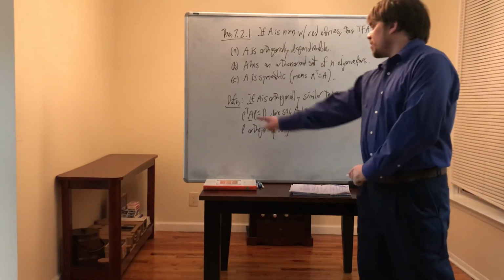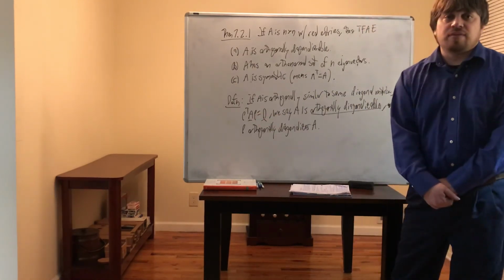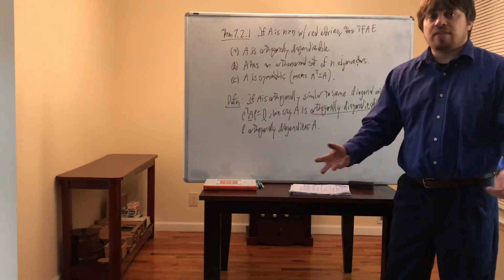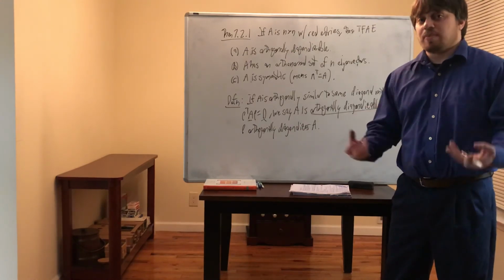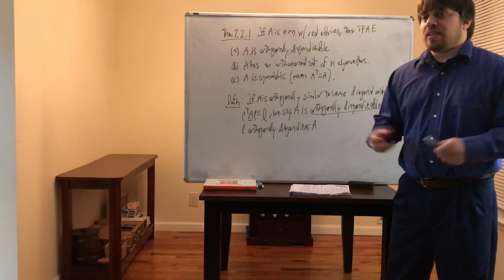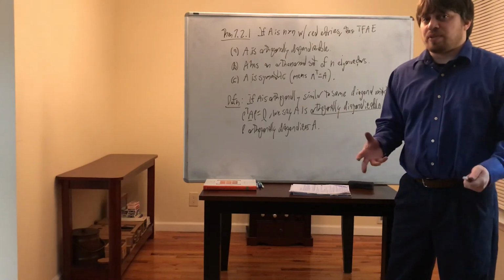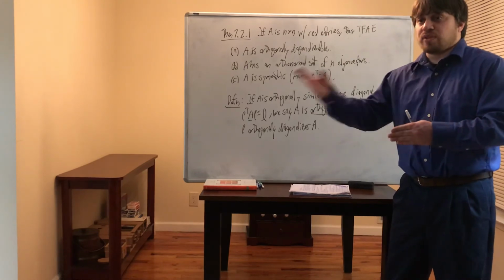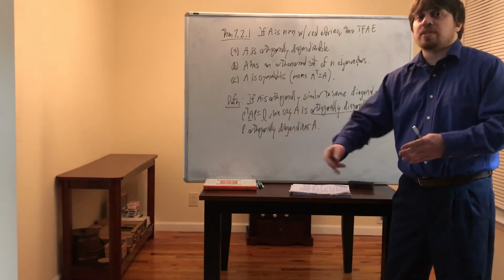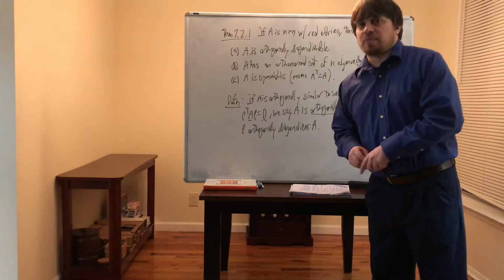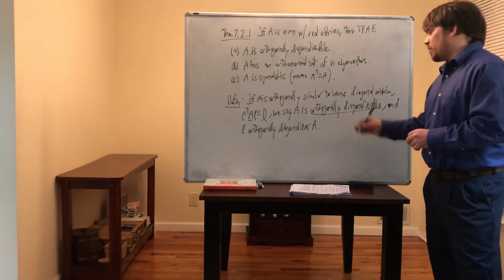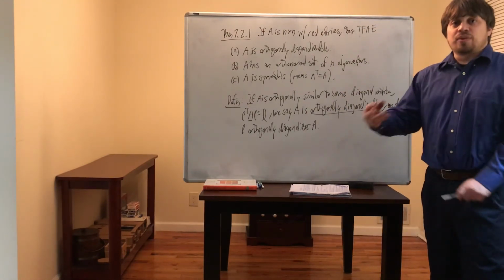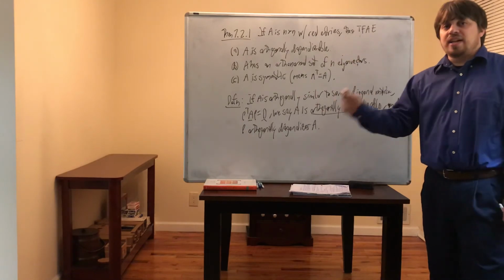Before, I defined 2 matrices being orthogonally similar, but none of them had to be diagonal matrices. And so if you have a matrix A, and you can show it's orthogonally similar to a matrix D, where D is a diagonal matrix, then A is orthogonally diagonalizable. That's the definition of a matrix being orthogonally diagonalizable. It's orthogonally similar to a diagonal matrix.